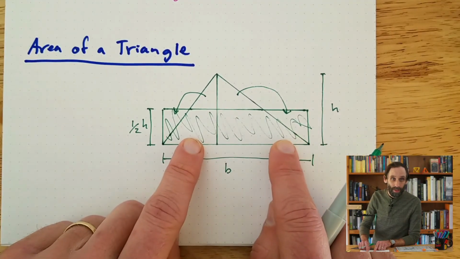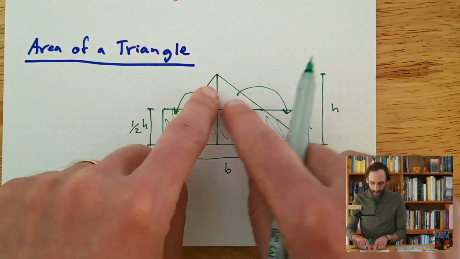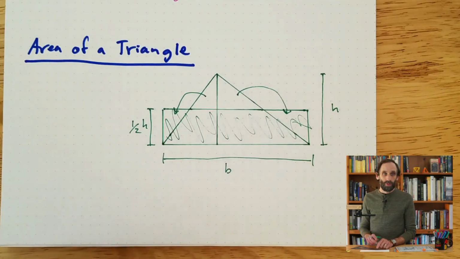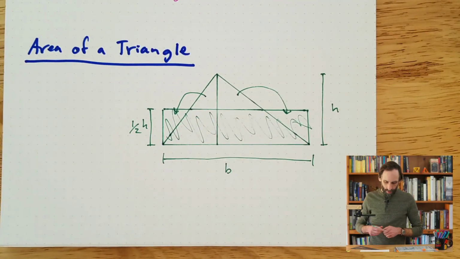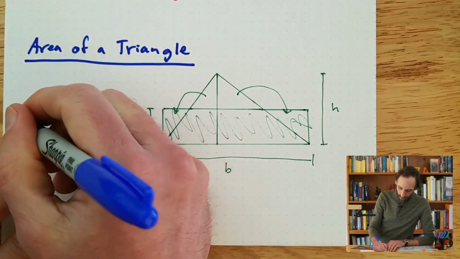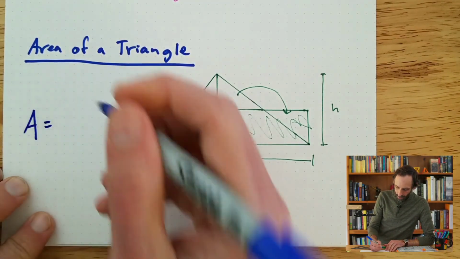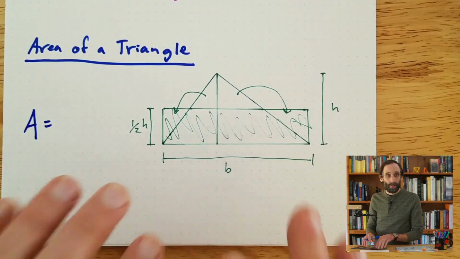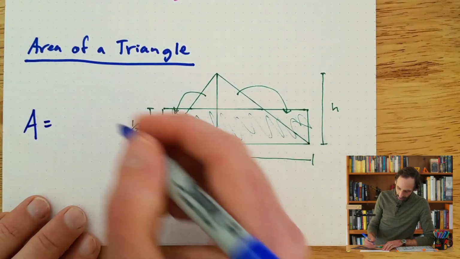And the area of that rectangle is the same as the area of that original triangle that I started with. So what that means is the area of the triangle, and you probably know this formula already, but I just want to make sure we talk through how you could sort of prove it, derive it for yourself.